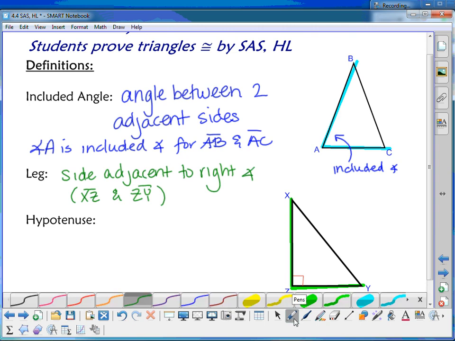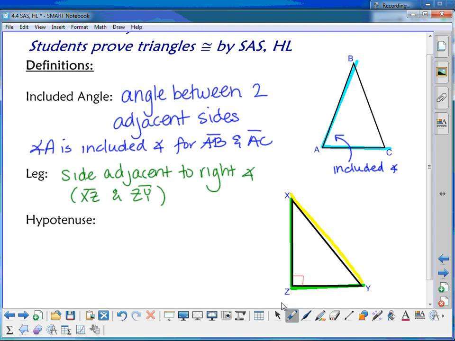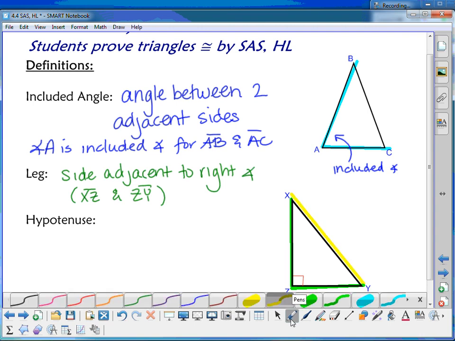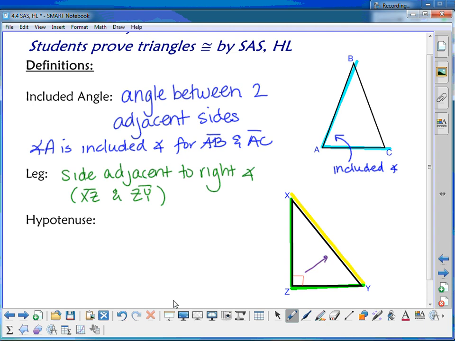And then finally we have the hypotenuse. You've heard this one before. The hypotenuse is the side that is opposite the right angle.